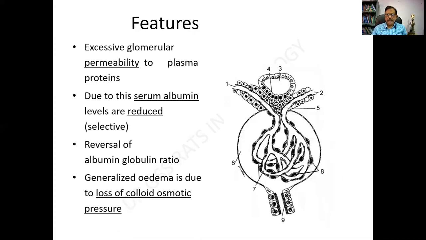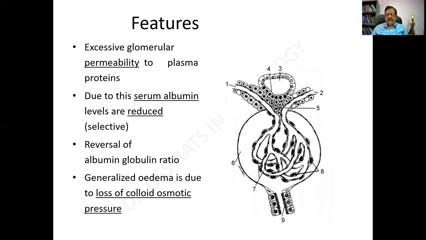Coming back to the definition, you find that there is excess glomerular permeability to plasma proteins. Initially, you find that only low molecular weight proteins are excreted, and this is called selective proteinuria. After some time, you find that it can become non-selective.